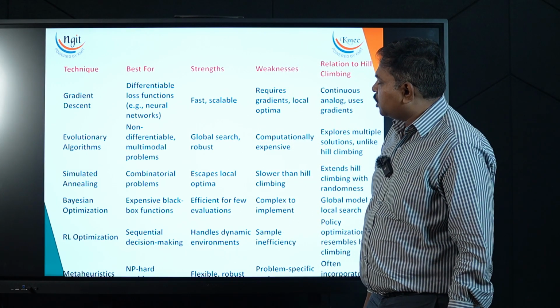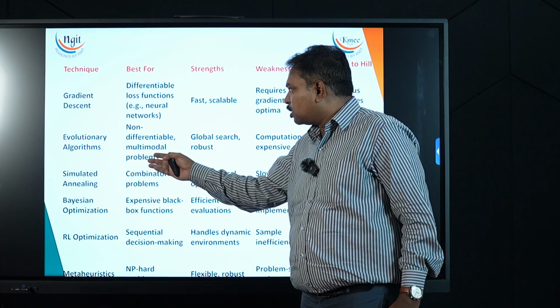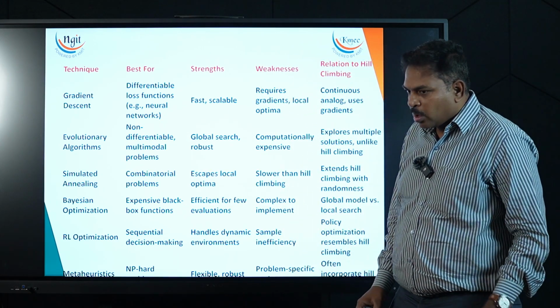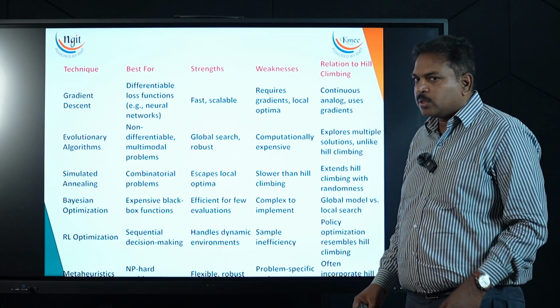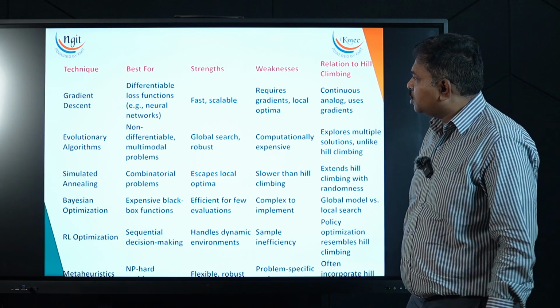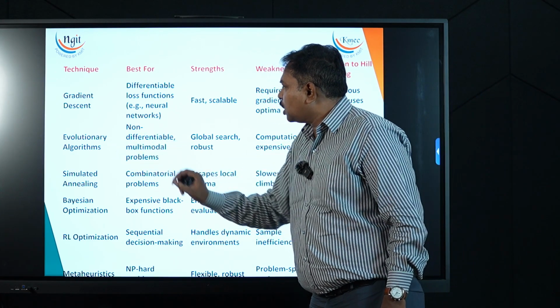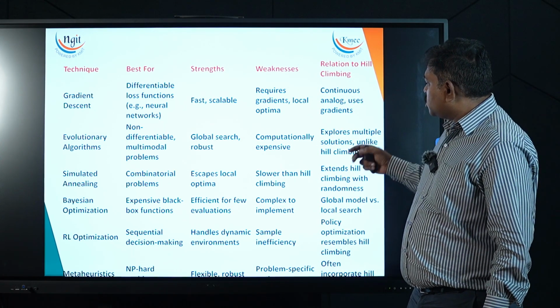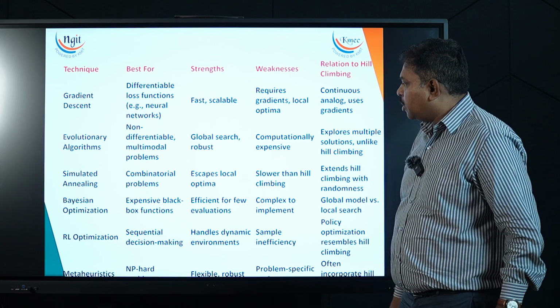Evolutionary algorithms, like our genetic algorithms, come under another category. When you have multiple optimization problems with different maximization and minimization, then we opt for this technique. It explores multiple solutions, unlike hill climbing.